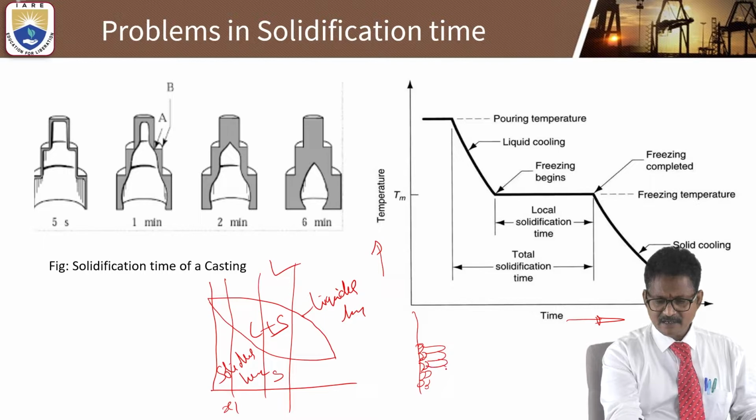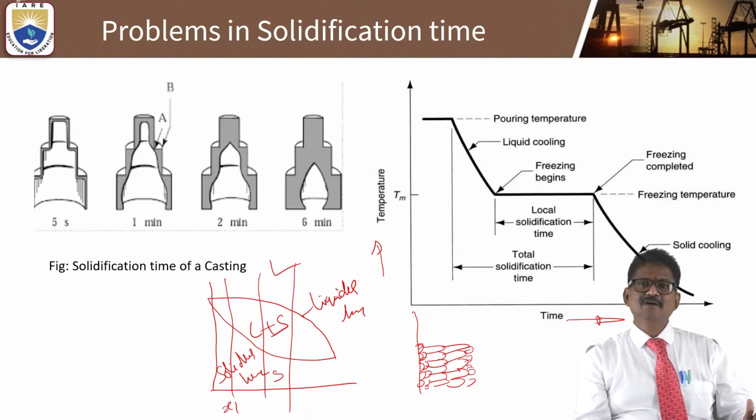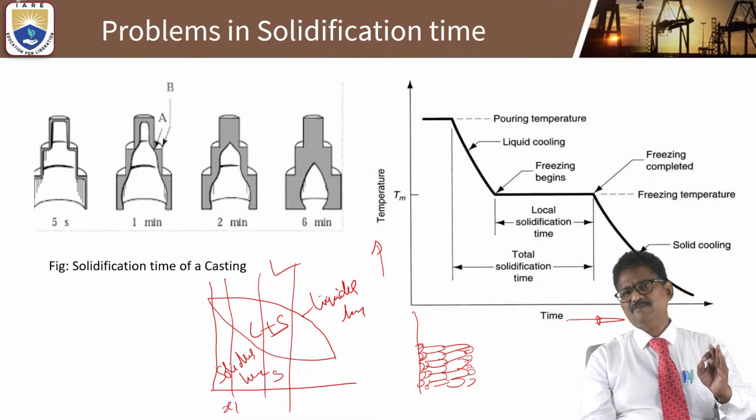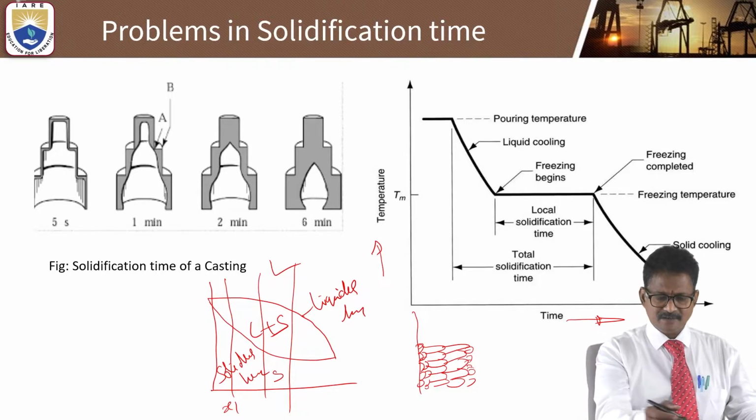During solid cooling and solidification time, the grains are enlarged, and again become small. All these processes come under quenching, or we can also call it the solidification time of the casting.